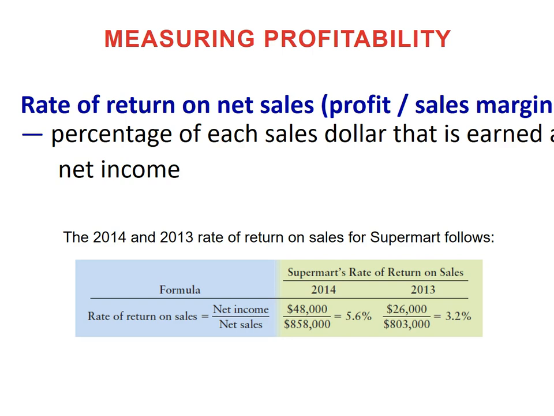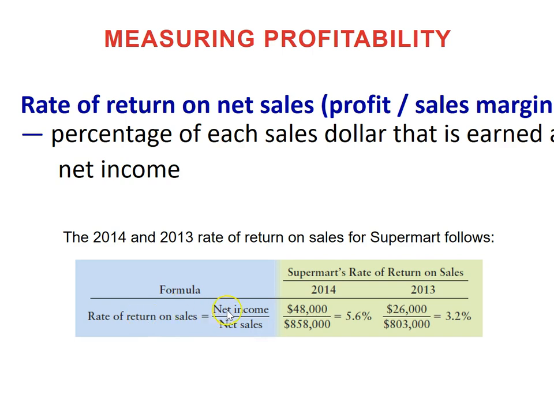Now, the next bunch of ratios are about profitability. These ratios compare or measure the profitability of a company. Number one is return on sales, or in short ROS, rate of return on sales. The ratio is really straightforward: net income over sales.